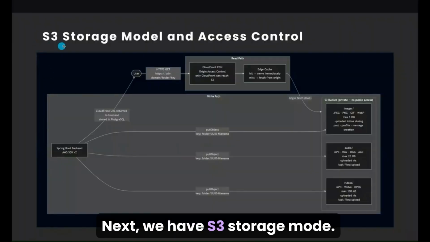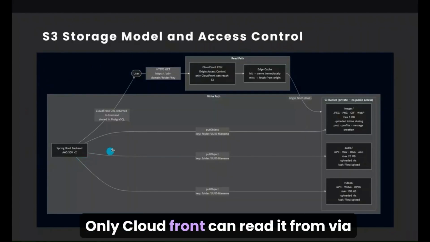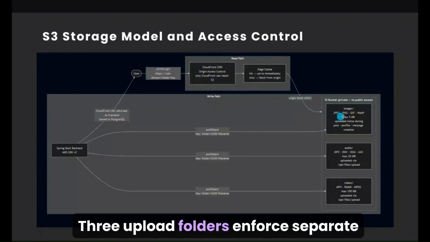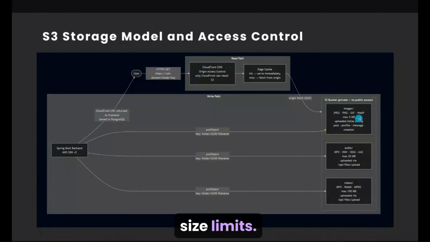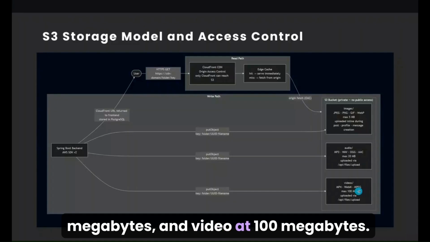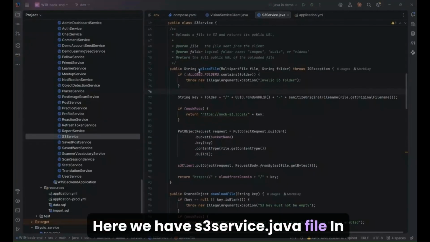Next, we have the S3 storage model. The S3 bucket is private. Only CloudFront can read from it via origin access control. Three upload folders enforce separate size limits: image at 5 MB, audio at 20 MB, and video at 100 MB. Here we have the S3Service.java file.